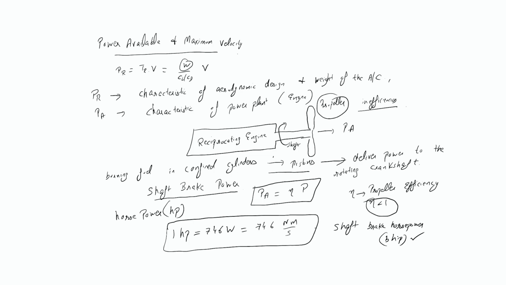Alright, now let us draw the power available curve with velocity for both reciprocating as well as jet engines. Let me first write it for reciprocating engines. This is power available, and this is velocity. So this is almost constant. What about jet engines?